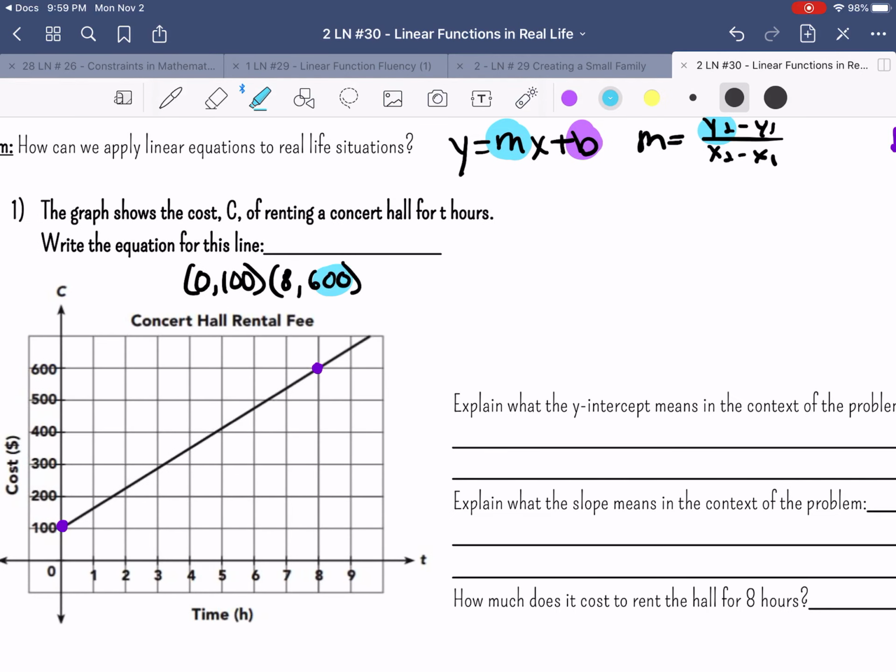So y2. I always have to color code and label.